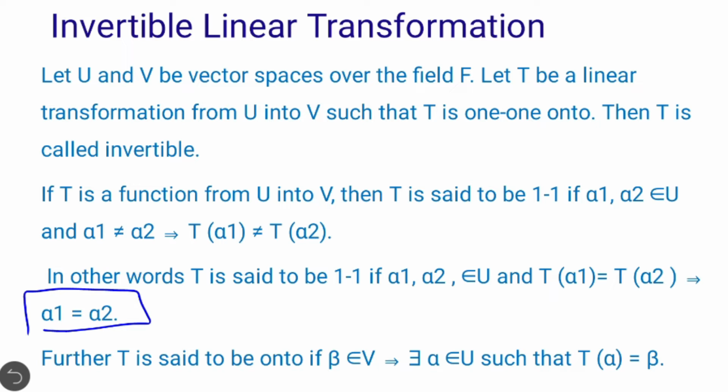Further, T is said to be onto if for every beta belonging to V, there exists alpha belonging to U such that T alpha equals beta. We have to check whether this is true or not.